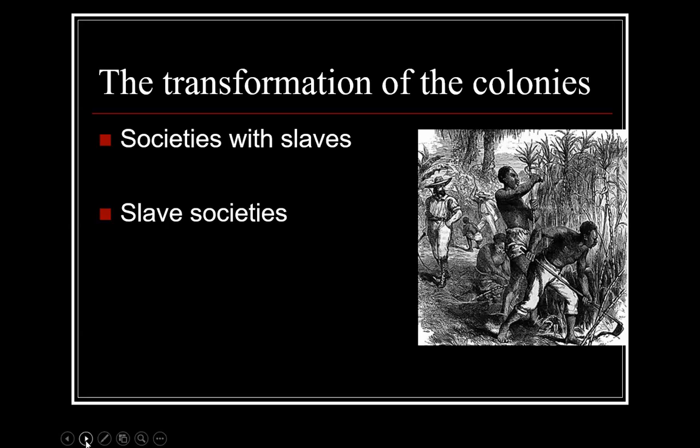So it's important to realize that slavery impacted the entire colonial experience, not just the South. But certainly, as we go throughout the 18th century, it becomes much more interconnected with life in the South than it does in the North, with the North, of course, moving to get rid of slavery earlier than what happened in the South. The big factor, of course, is the existence of a cash crop.